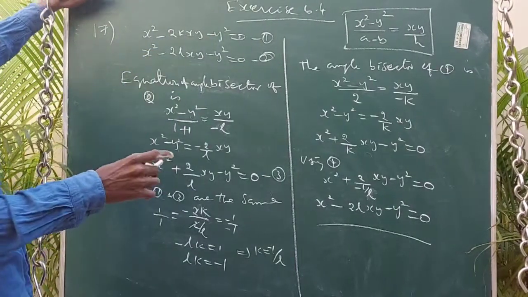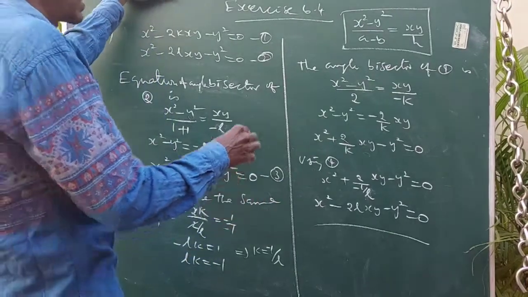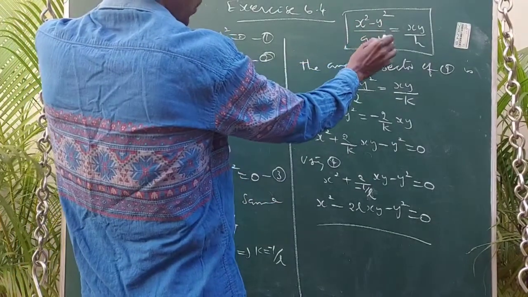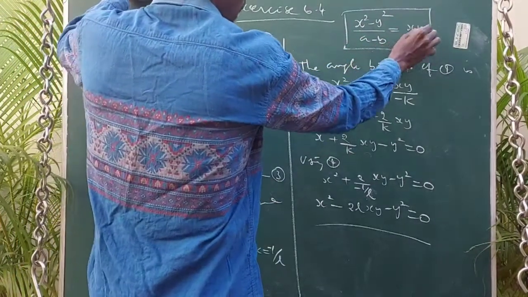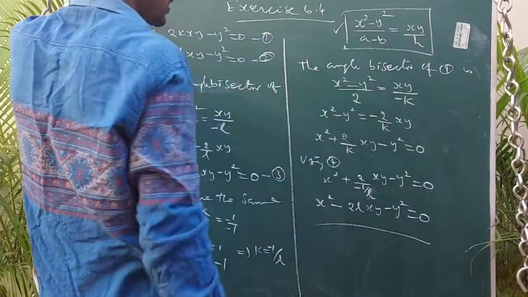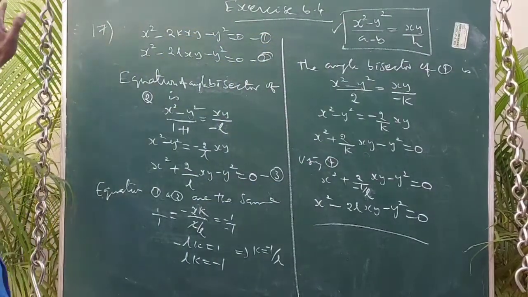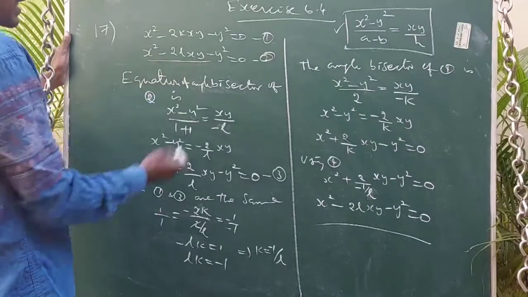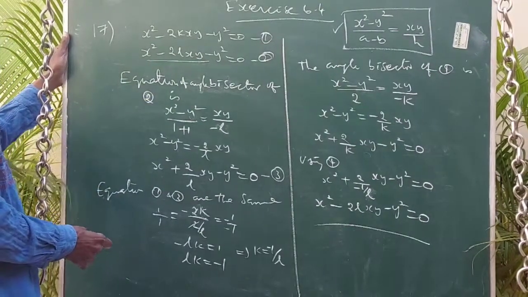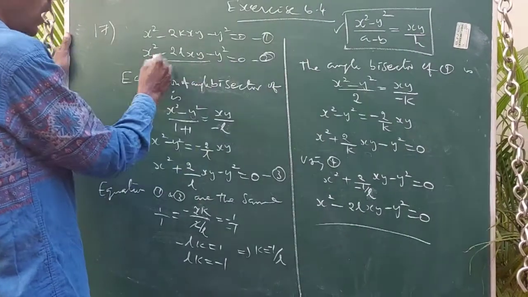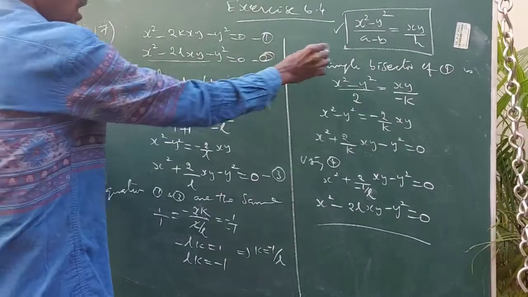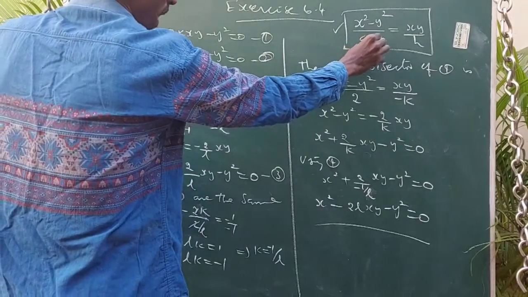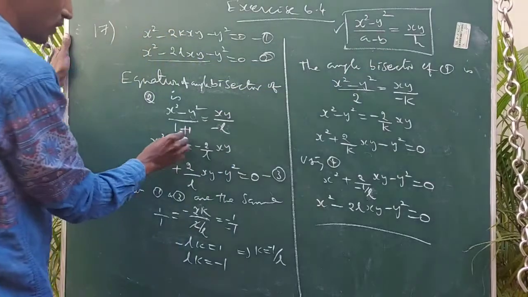First, my dear students, recall the equation of the angle bisector: (x² − y²)/(a − b) = xy/h. Remember this equation. First assume the angle bisector of the second equation. Here a value is 1, b value is −1. So a − b is 1 minus of minus 1, 1 plus 1 becomes 2.